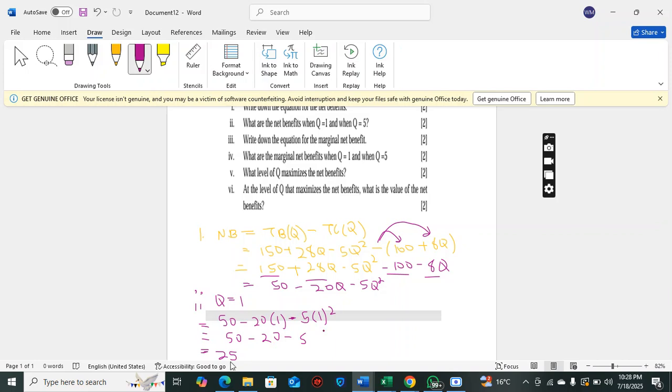Then if we produce 5 units, Q equals 5. Just substitute: 50 plus 20, open brackets, we put in a 5 there, minus 5, open brackets, 5 squared. So we have 50 here. 20 times 5 is 100.